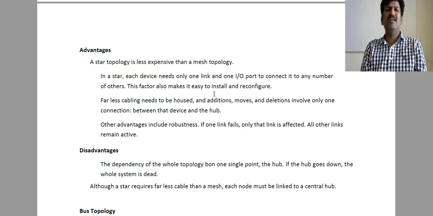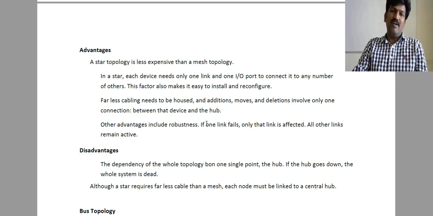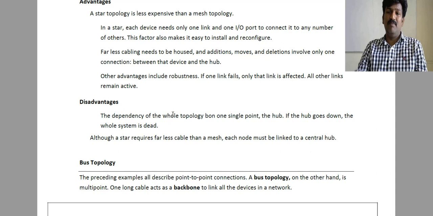All the other remaining computers can stay in active mode and communicate. And the disadvantage you can observe is that the total work of transmission and reception through the star topology depends upon the performance ability of your central hub. If one central hub is down, the total network will become dead. That is the story behind this star topology.